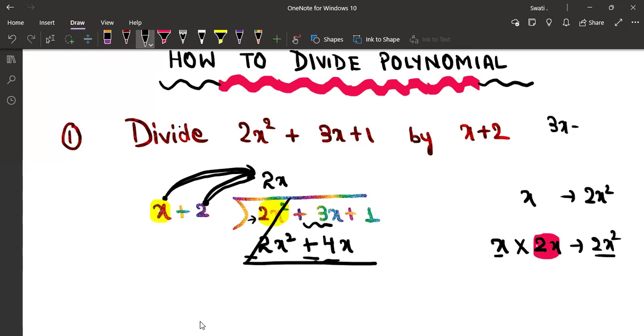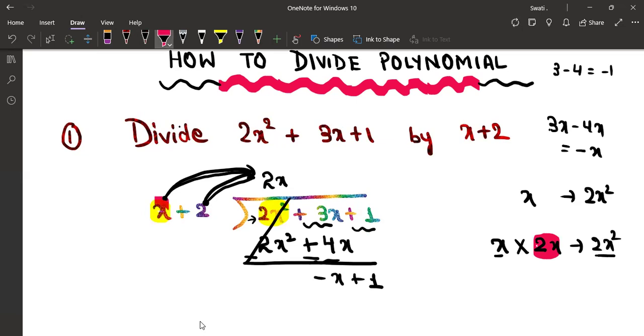What is 3x minus 4x? What is 3 minus 4? Is it not minus 1? Yes. So what is 3x minus 4x? Minus x. See, 3 minus 4 is minus 1, and then x as it is. So what is minus 1 into x? It's minus x only. So we are getting minus x here. And then write down this plus 1 as it is.